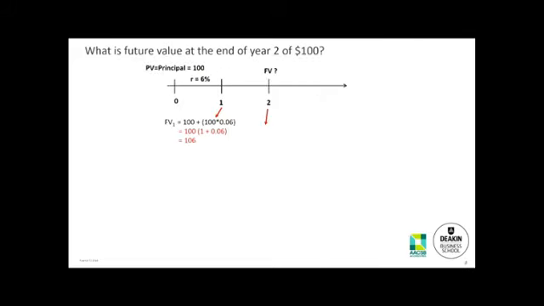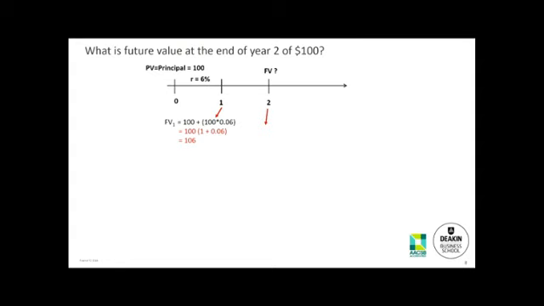What about the future value of this $100 at year two? Now, I invest $100 at time zero. At the end of year one, it is $106. I invest it for another year. Listen carefully. Between year one and year two, the $100 principal will give me another $6 interest.